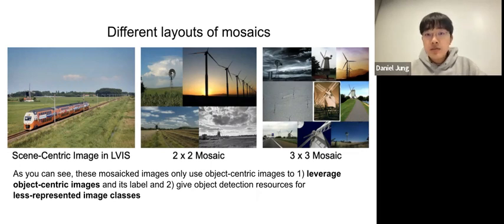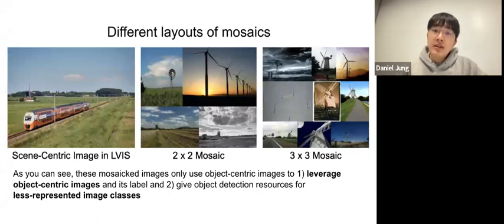As you can see, these mosaic images only use object-centric images that contain only one object. It is to leverage object-centric images and their labels and give object detection resources for less represented classes.